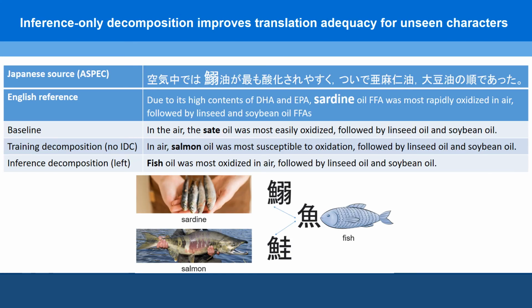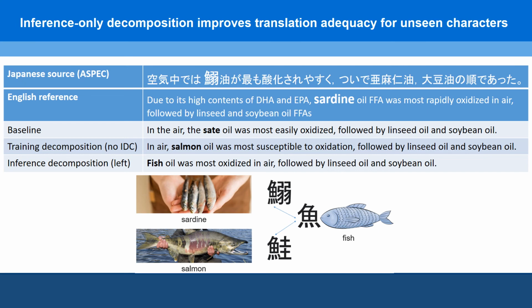More importantly though, we can see the improved translation adequacy on the unseen test set sentences if we look at examples. In this case, for example, the baseline model translates the kanji for sardine completely wrong. If we train with decomposition, the model produces salmon.